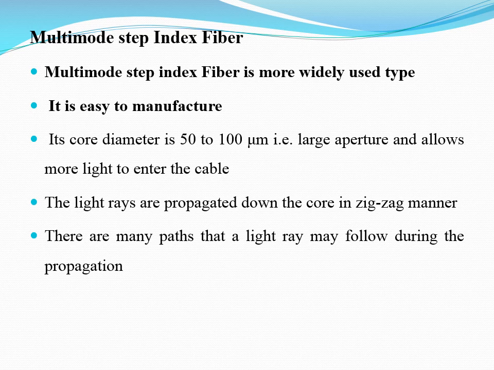If I consider the core diameter to be 50 to 100 micrometer, it has a larger aperture and it allows more light to enter the cable. We have seen earlier that numerical aperture is the area of the optical fiber core which is normally used to accept the light into it. The light rays propagate in a zigzag fashion down the fiber core.